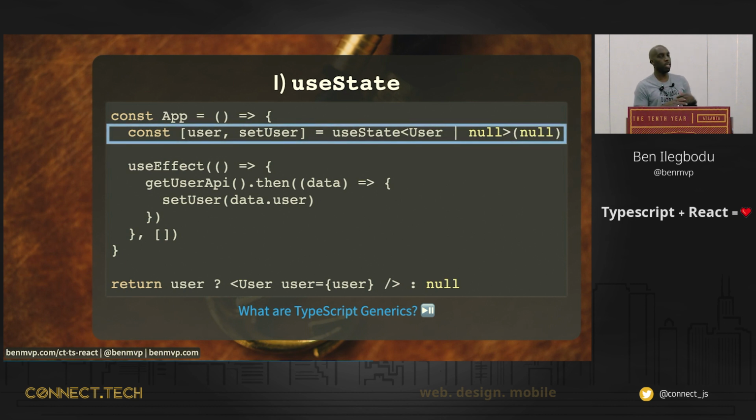And this syntax that you see there for useState is called generics. So if you're ever Googling it, it's generics. If you've ever used Java or C#, generics exist there. It's kind of similar. I never understood it when I did C#, but I understood it when I did TypeScript. But if you're unfamiliar with generics, I have a link here at the bottom. It's a video by Harry Wolf that goes into detail about that.